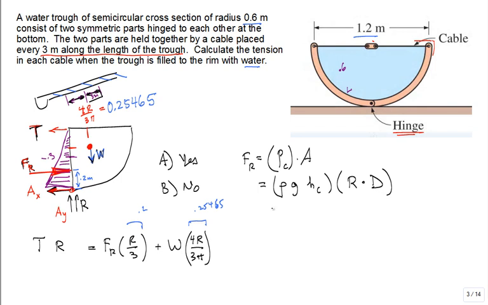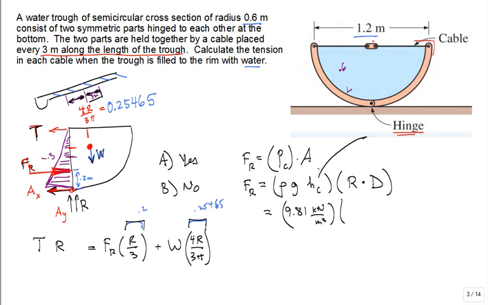Okay, now what we want to do is substitute numbers to calculate this F of R and get a magnitude, just like we have a magnitude for this distance, that distance. What's that F of R? It's going to be 9.81 kilonewton per meter cubed times h of c. H of c for this problem, oops, clicker question.